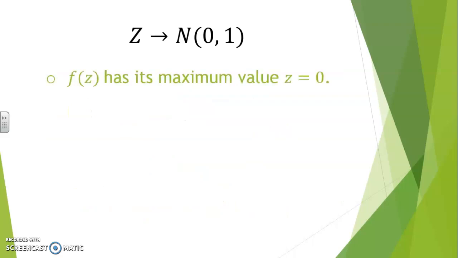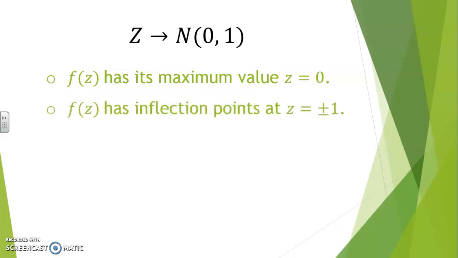Furthermore, f of z has its maximum value at z equals 0. f of z has inflection points at z equals plus or minus 1, and it has horizontal asymptotes at 0 at both extremities.